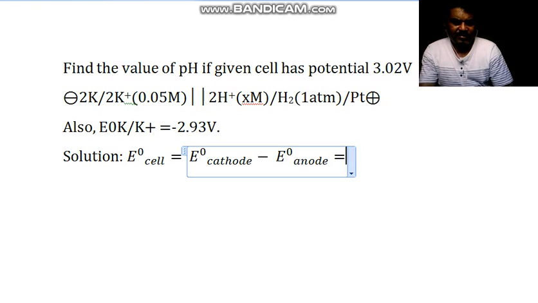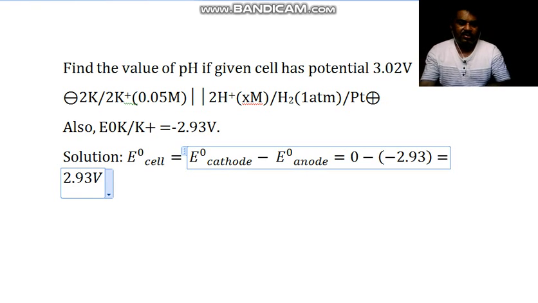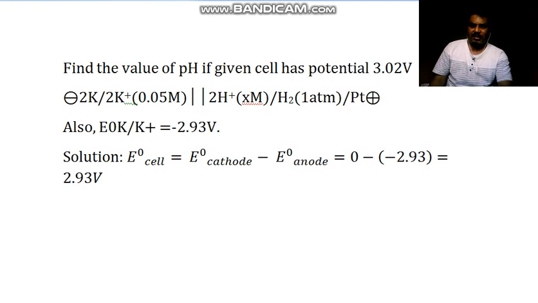Now anode is potassium and cathode is hydrogen. Hydrogen half cell always has 0 volt, and the voltage of potassium is given as minus 2.93. So minus minus makes plus, and the total voltage is 2.93 volt for this cell. The answer here is 2.93 volt.